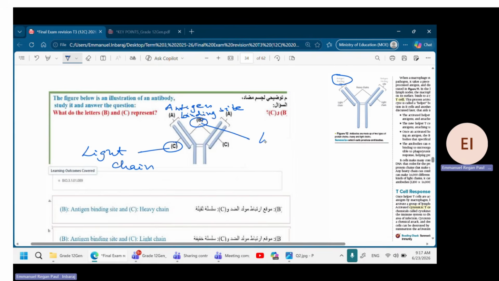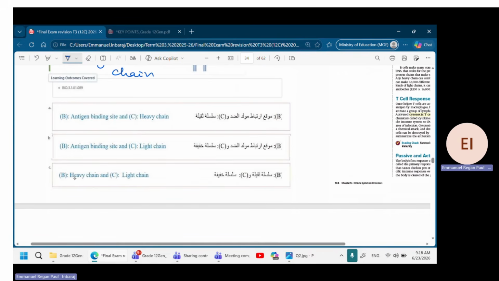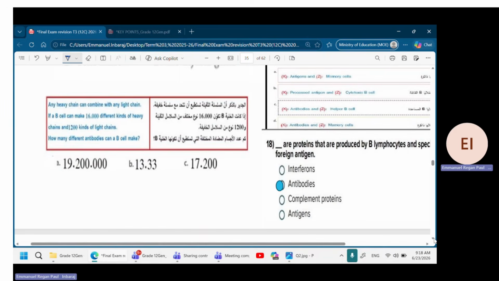B is the heavy chain. So they're asking what is B and C? B is the heavy chain and C is the light chain. Okay, you can see all these questions. And one more.